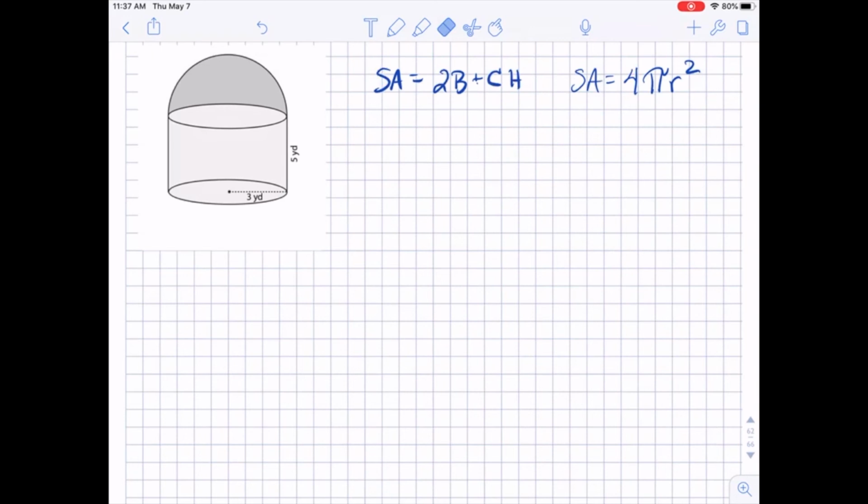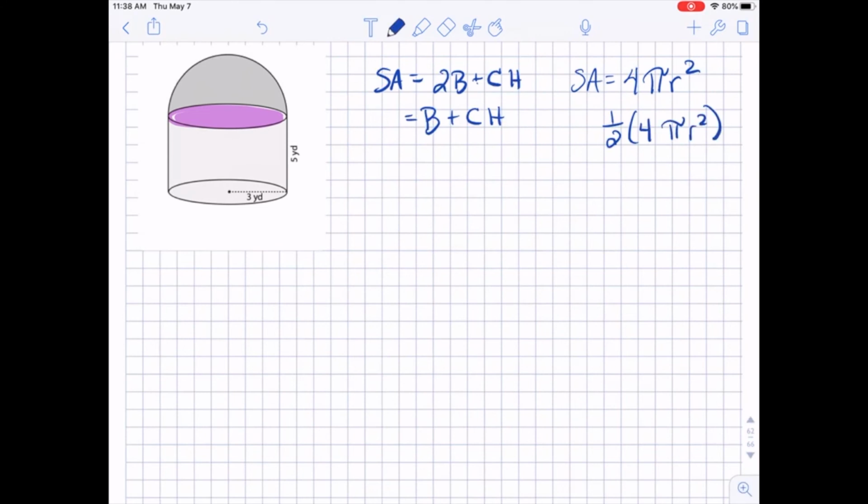For the surface area of the cylinder, we only need one of the bases because this base, the top of the cylinder, is no longer part of the surface. So instead, we just have one base shape plus circumference times height, but we still need to do the surface area of the sphere. However, we only have a hemisphere, so we have 1/2 of 4 pi r squared.